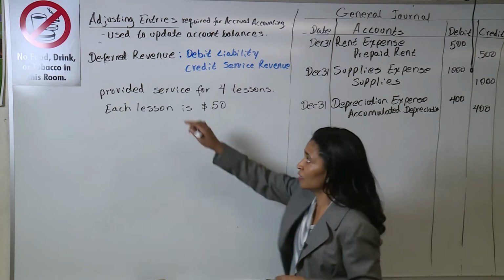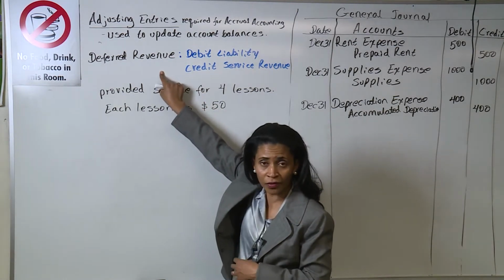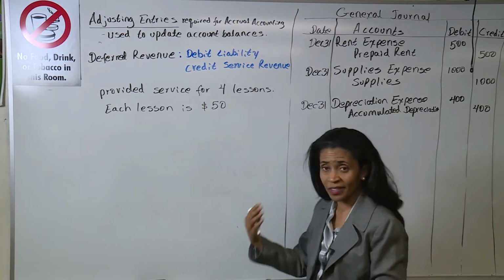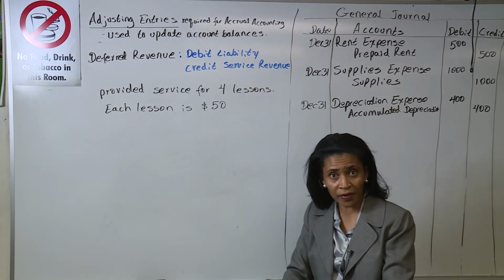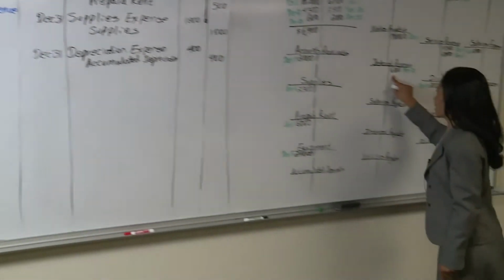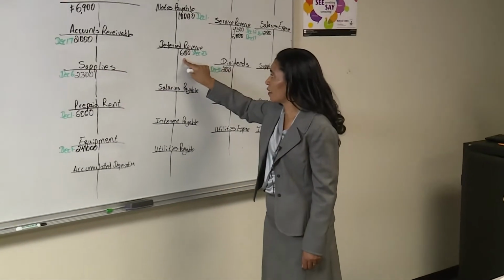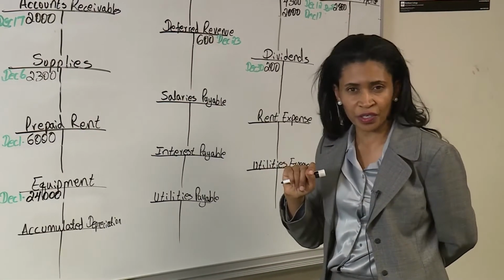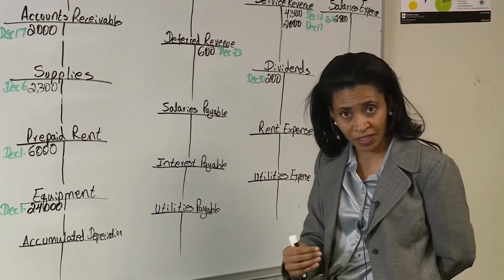That is the deferred revenue account that we used. We received $600 for 12 lessons in advance. If you go back and check the T accounts, we have $600 in our T account for deferred revenue. That is the advance payment that we received.